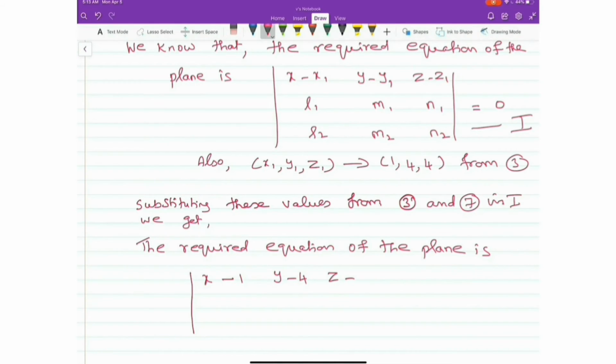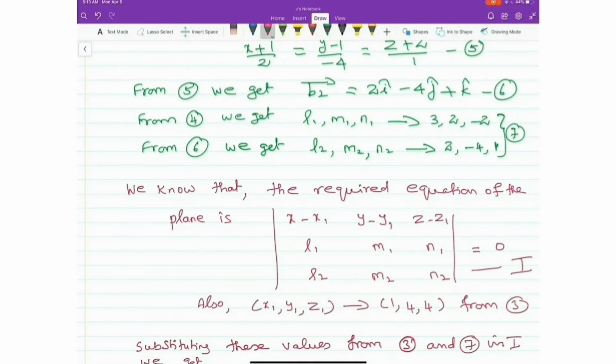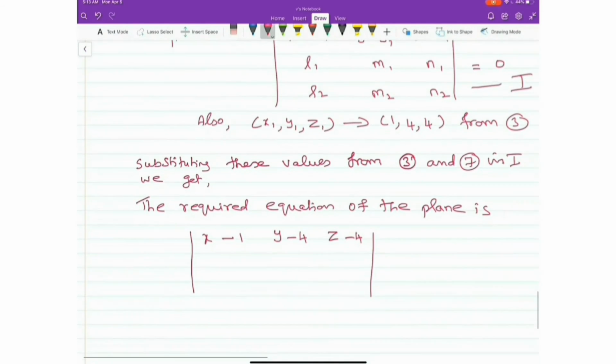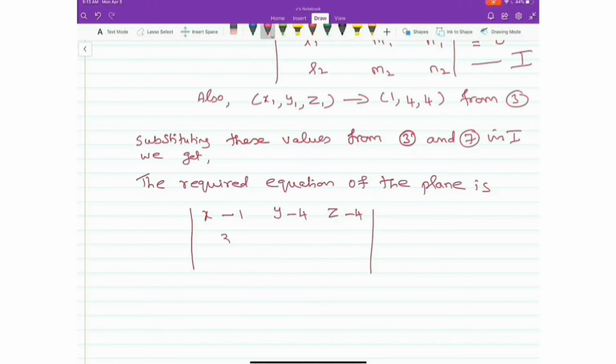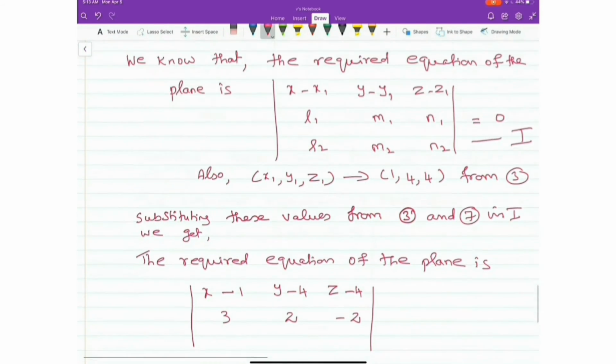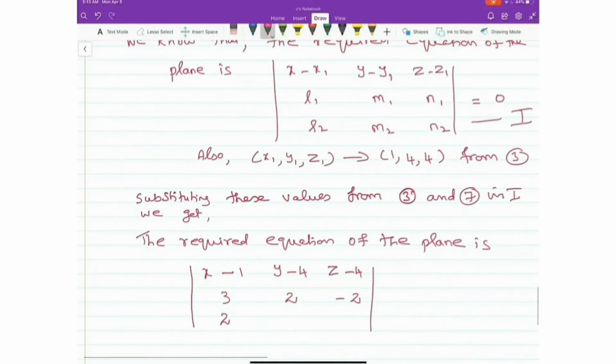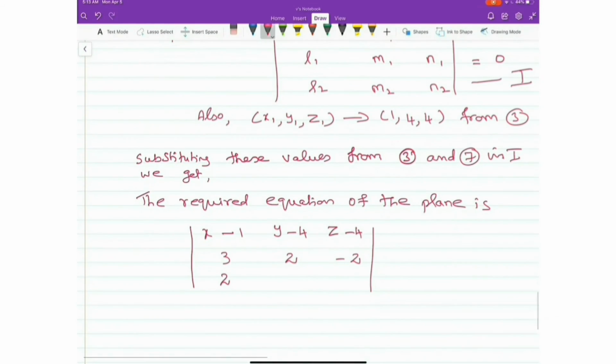Z minus z1, which is again 4. L1, M1, N1, already you know, 3, 2, minus 2. L2, M2, N2, 2, minus 4, 1. Should be equal to 0.